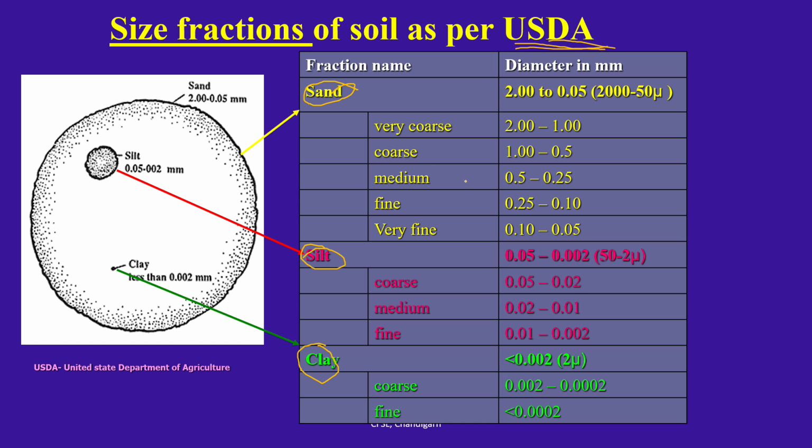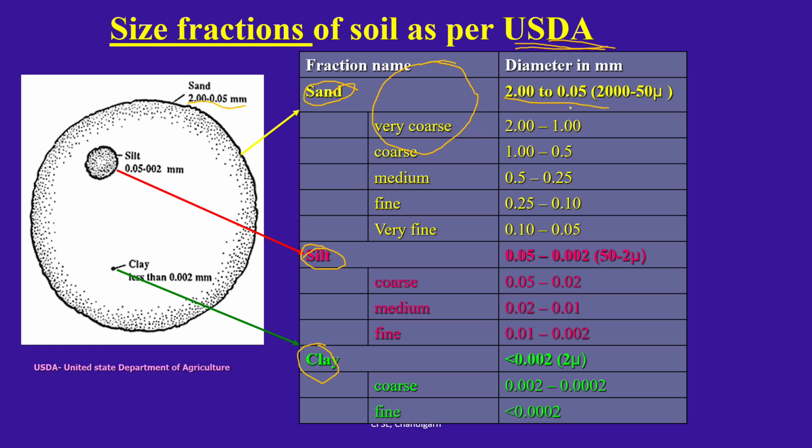The particle size of sand is very large. It varies from 2 mm to 0.05 mm, as on this figure.